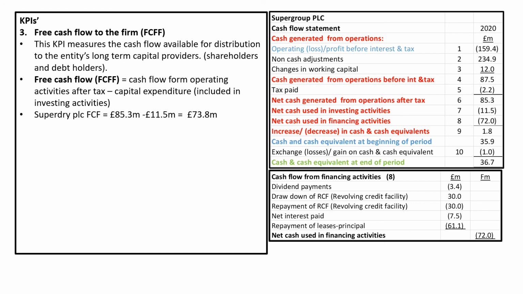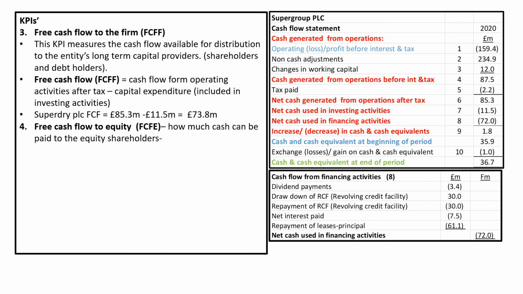For Superdry PLC, the FCFF is 85.3 million, which is the net cash generated from operations after tax, take away the capital expenditure of 11.5 million, and we're left with a free cash flow of 73.8 million.